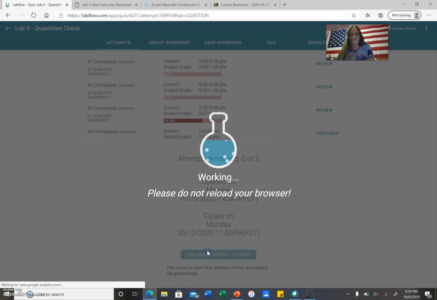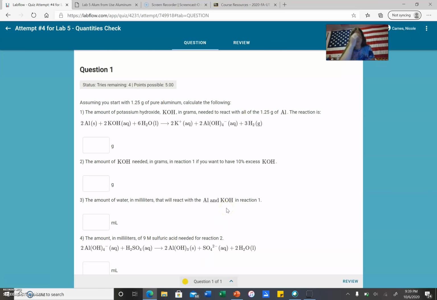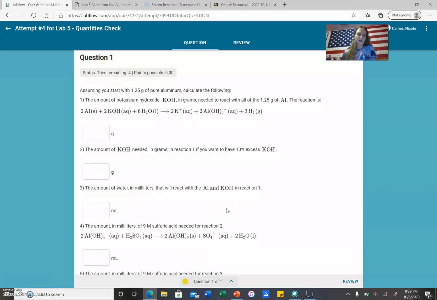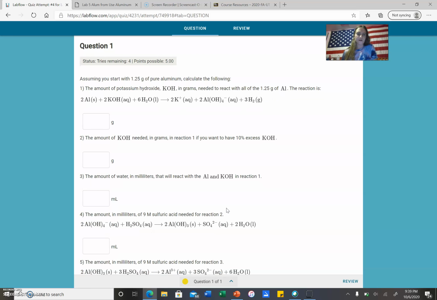It's okay. When you click on that, it will give you a series of questions so you can calculate how much potassium hydroxide we will need. How much potassium hydroxide would we need for a 10% excess?